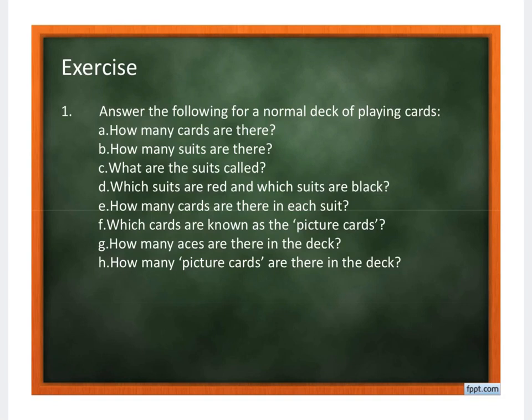Answer the following for a normal deck of playing cards. How many cards are there? There are 52. How many suits are there? There are 4. What are the suits called? Heart, diamond, spade, clover or club.